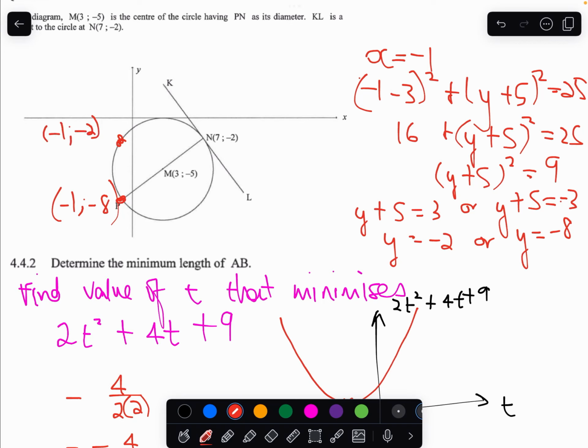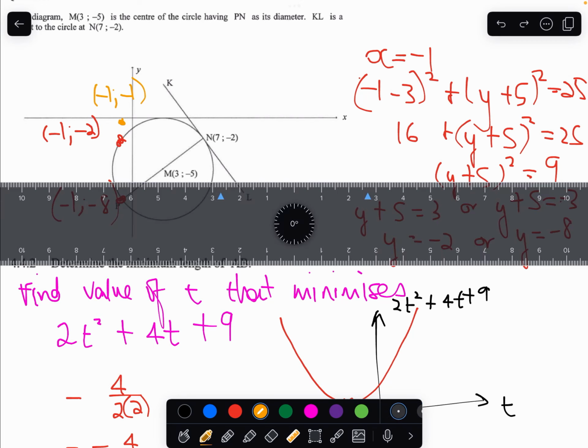Right, and we have just found point A, which is minus 1 and minus 1. I'm not sure where it's going to be a tangent to the circle. Okay, it's going to touch the circle, definitely not at minus 1 and minus 2, so that is misleading.